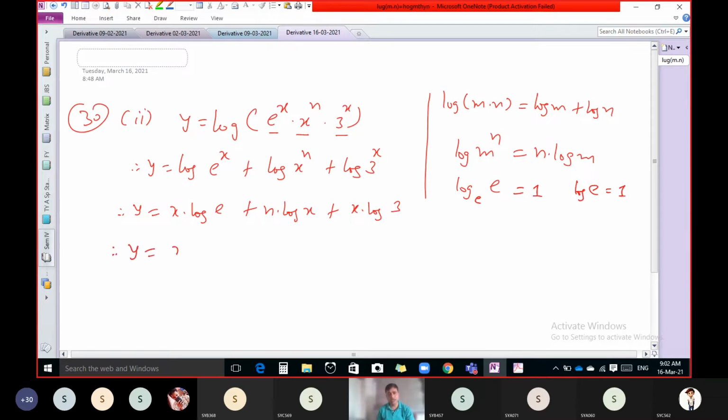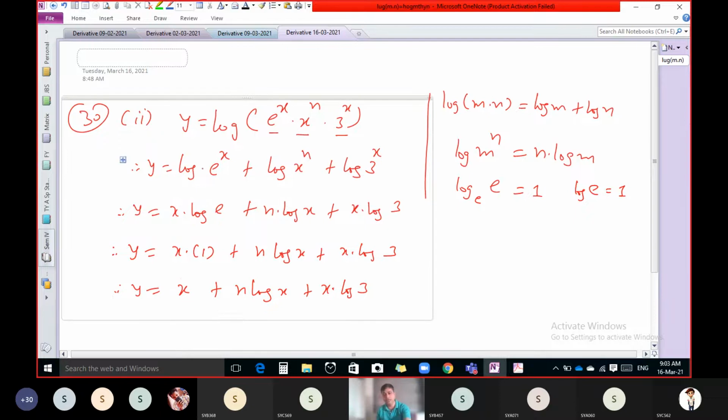It is not a derivative, it is simplification, and keep the rest as it is. Now x into 1 is x, plus n log x plus x log 3, and this is the simplified form of the given question.